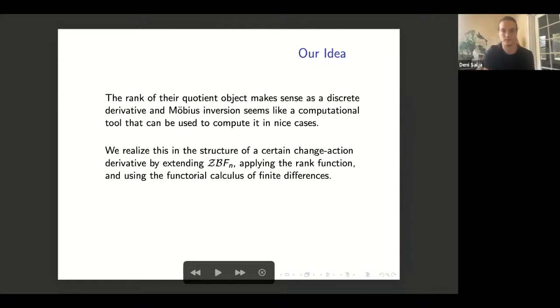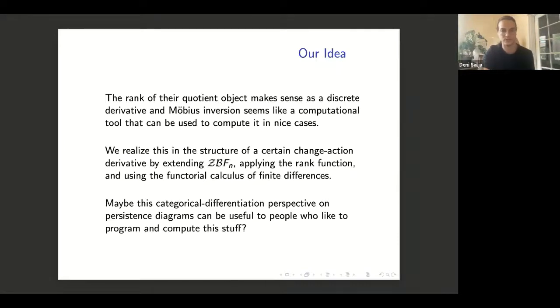So the way that we formalize this is we want to see it as a change action derivative of some extension of that birth-death subobject functor. And we're going to use the examples above and that functorial calculus of finite differences to do that.